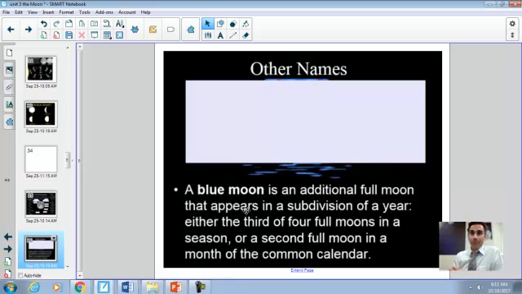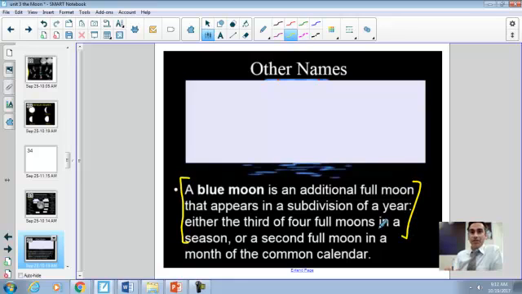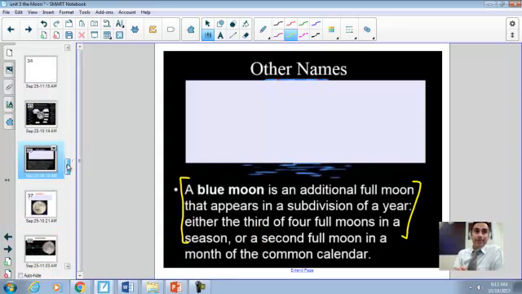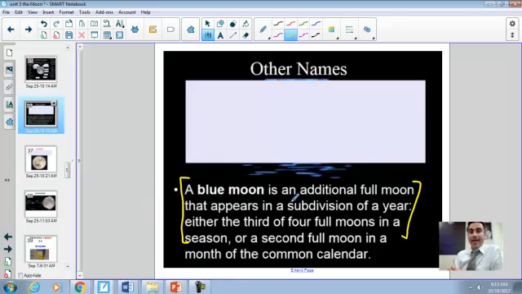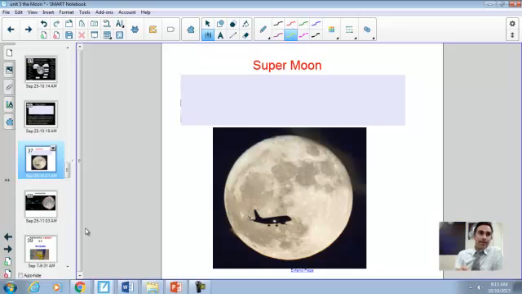But before an error that occurred on Jeopardy back in the 80s, this was the definition: an additional full moon in a season. But there was a Jeopardy accident, and they had the answer wrong, and the person got it right and probably won a whole bunch of money, even though that wasn't necessarily correct. But since then, we kind of adapted that definition.